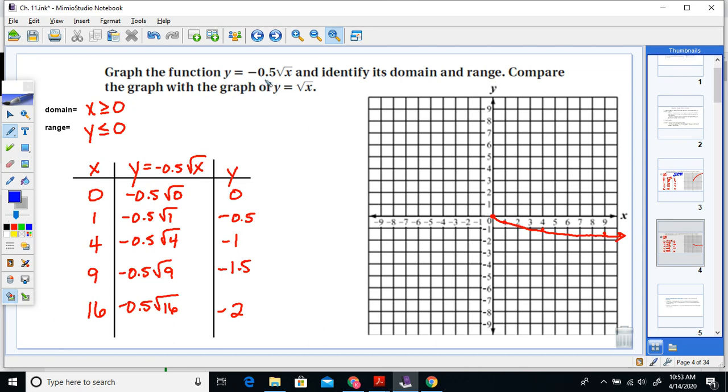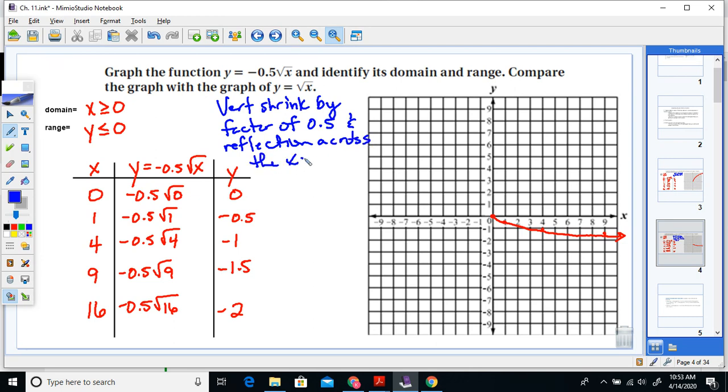And then a is actually 1/2, which is between 0 and 1, so this is a vertical shrink by a factor of 1/2, 0.5. And it is a reflection across the x-axis.